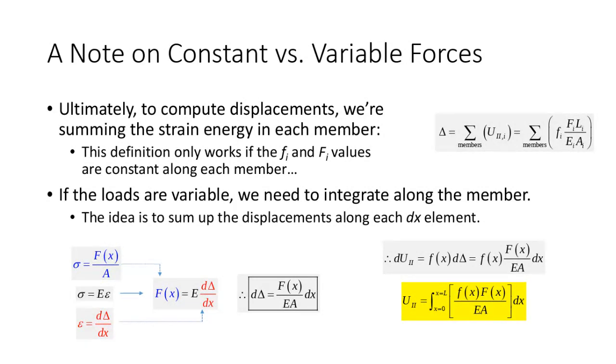Up here on the top right is the formula we're using, where we're basically just summing up the U2 quantity for each member, but that assumes constant displacements. What I'm doing down here is, what happens when we have a variable force? I'm writing it in terms of f of x, and then plugging and chugging to get this term here. Before I move on, I want to see if there are any questions on this.